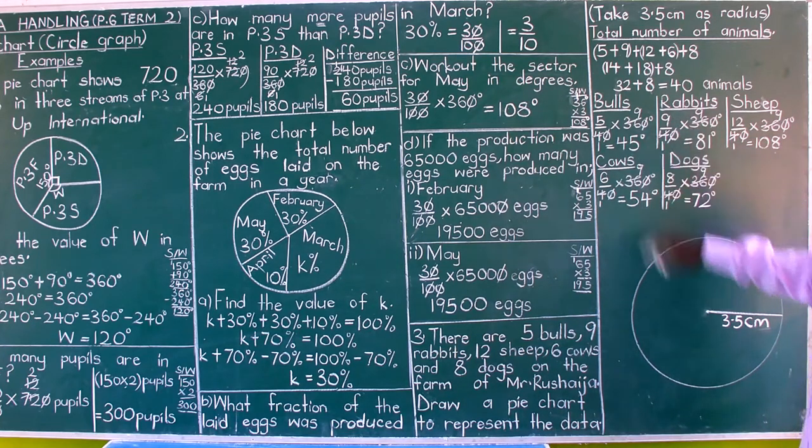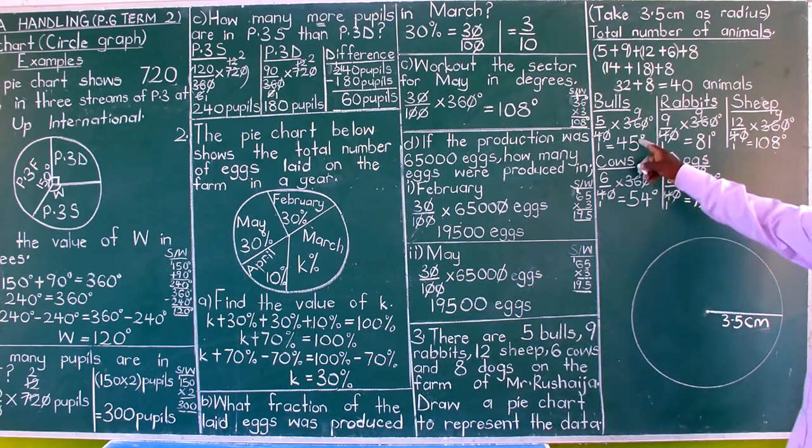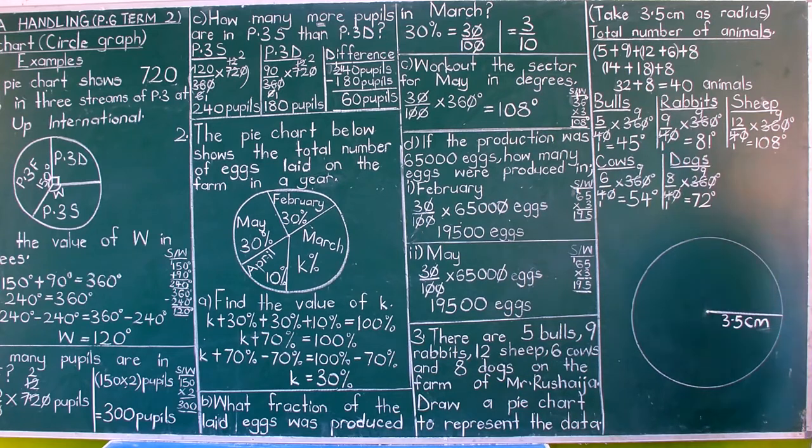Now, having done all that, you must first add these angles to see whether they make 360 degrees. Add 45, 54, 81, 72 degrees as well as 108 degrees and see whether they make 360.